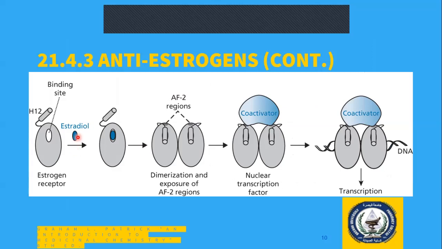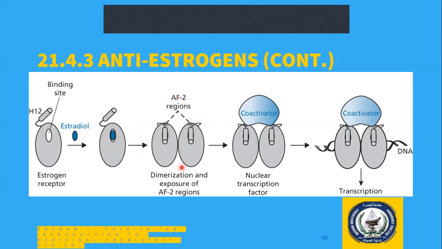When the estradiol attaches to the binding site at the estrogen receptor, this will induce a change in the receptor that will flip down the H12 part of the receptor. It will flip like a lid or a cap on the estradiol or estrogen binding site. This will expose the AF2 region.